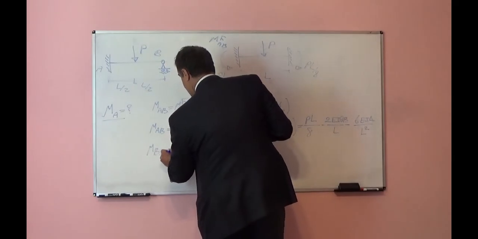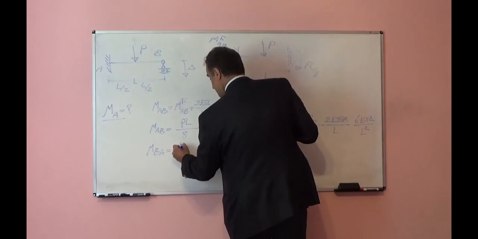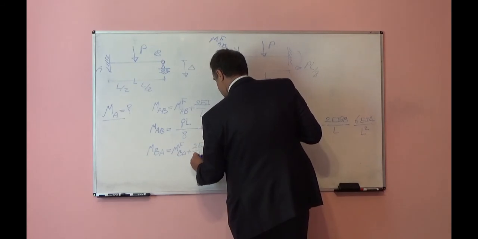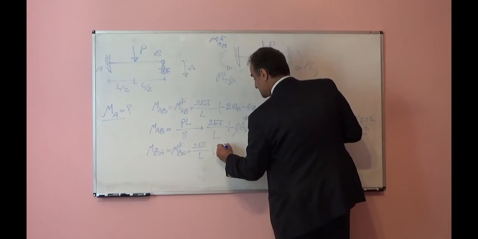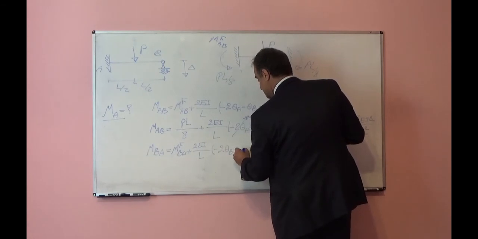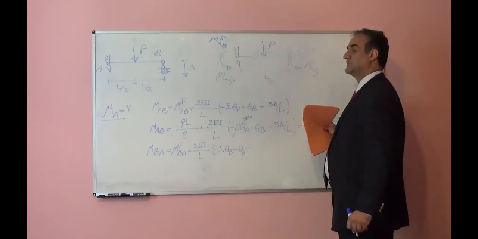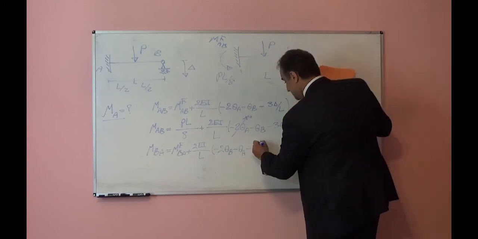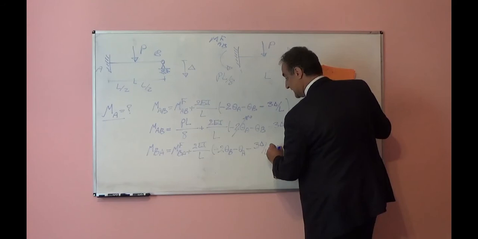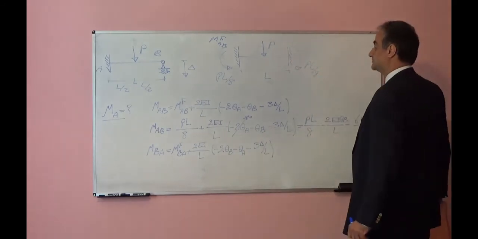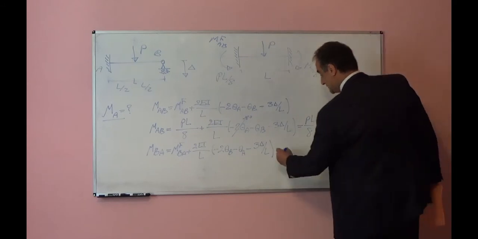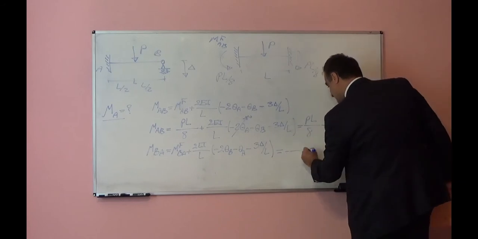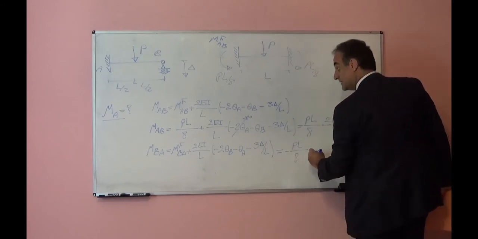Let's look at MBA. MBA will be M fixed BA plus 2EI over L times 2 theta B minus theta A. Again, settlement will cause this beam to rotate clockwise, so minus 3 delta over L. From here, M fixed BA is clockwise, so negative PL over 8.